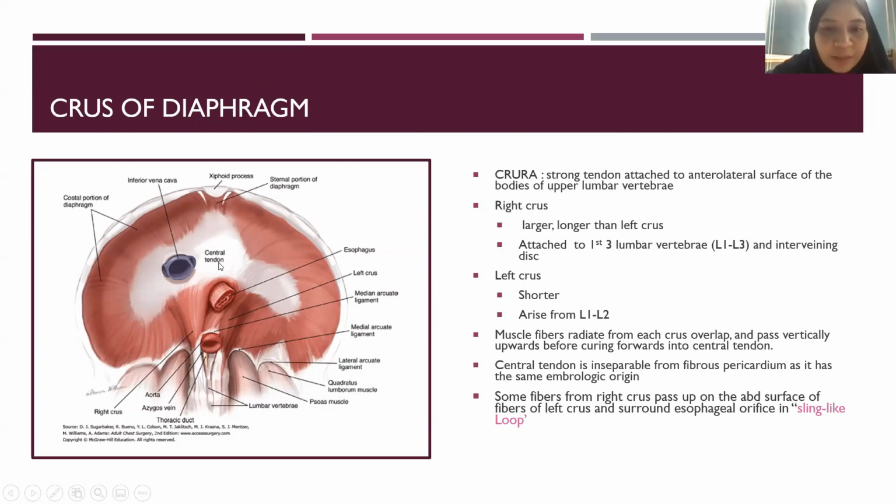Some of the fibers from the right crus will pass up on the abdominal surface of the fibers of the left crus and surround the esophageal orifice as a sling-like loop. This is important because the right crus is supplied by the right phrenic nerve, but the one that forms the sling around the esophagus towards the left side is supplied by the left phrenic nerve.